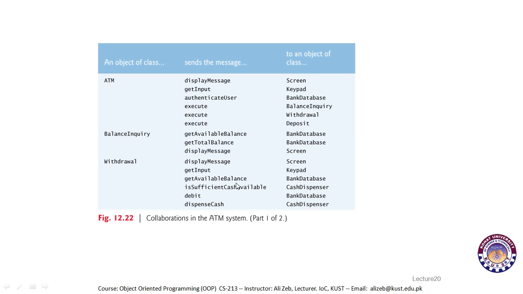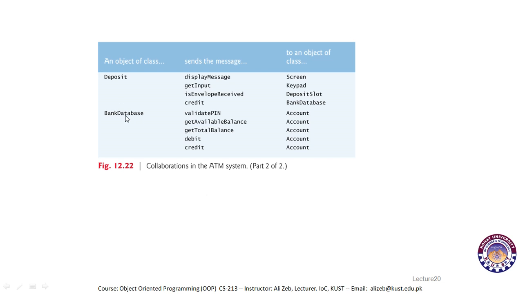It will need to send a message to the cash dispenser to check if sufficient cash is available before the user can withdraw the cash. It will need to send a message to the bank database to debit a certain amount from the user's balance, and it will need to send a message to the cash dispenser to dispense cash to the user.